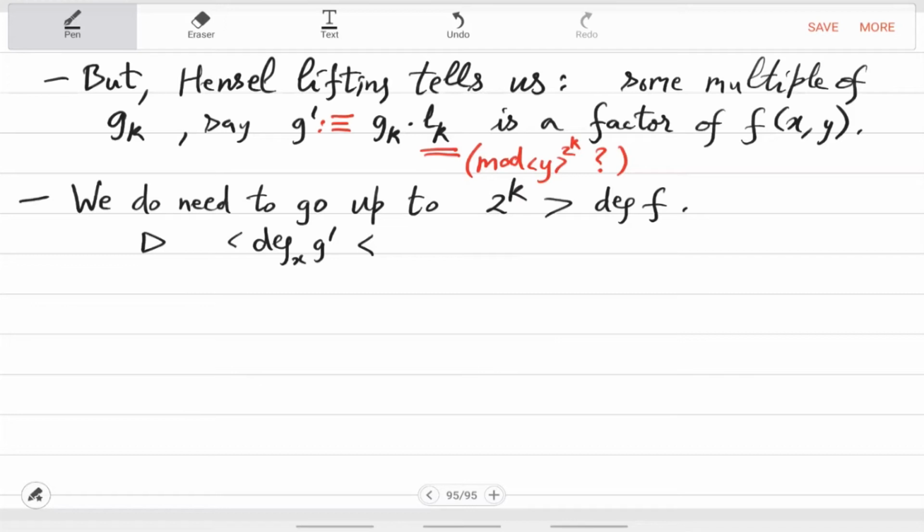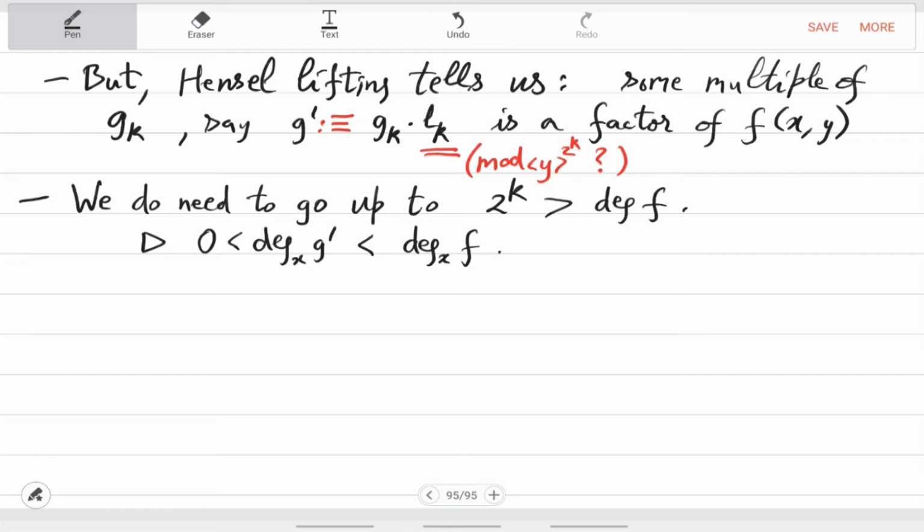Its individual degree with respect to x should be more than 0 and less than the degree of f. Right, this is the definition of a non-trivial factor g prime of f with respect to x. So g prime, which is currently unknown, will satisfy this condition. G prime is an actual factor, a factor of f without any mod. So it is unknown because we were doing computation mod y to the 2 to the k, not absolute computation.